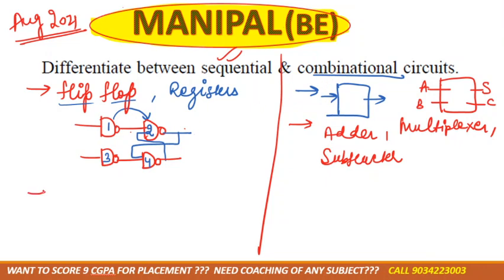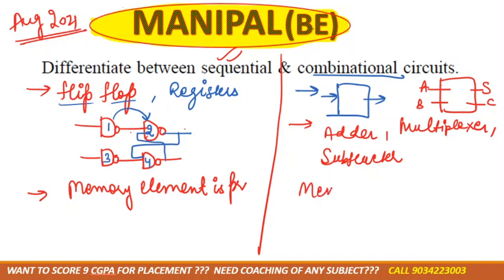In the flip-flop, I told you flip-flop is a device which is used to store an element. So in this case, a memory element is present. Okay. And in the combinational circuit, we don't have any memory element. Got it?